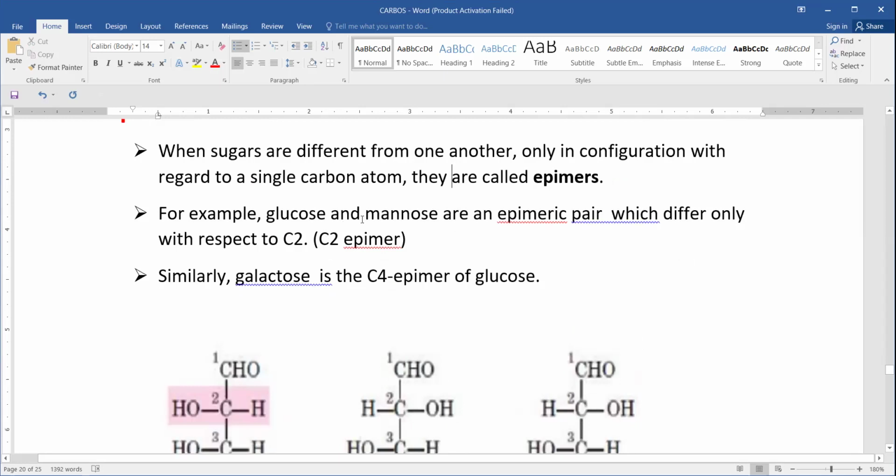For example, glucose and mannose. Glucose and mannose, this is very, very important, are an epimeric pair which differ only at carbon 2.